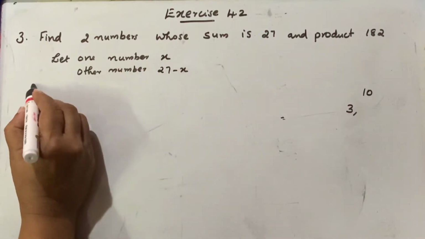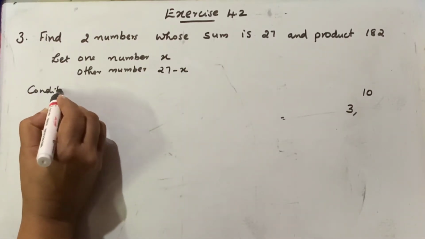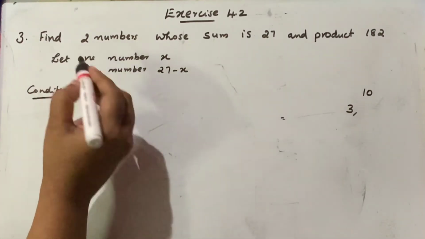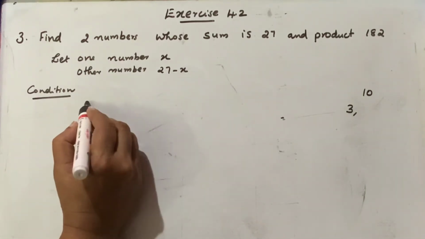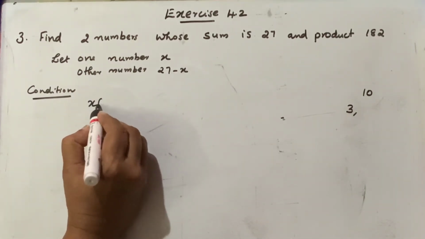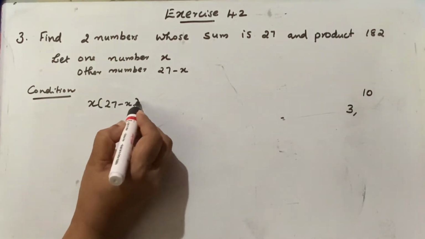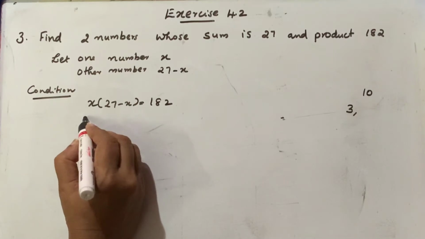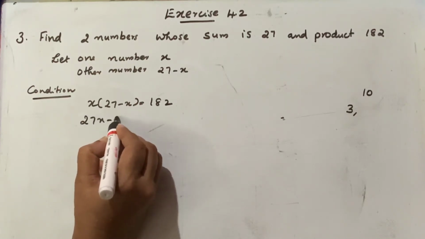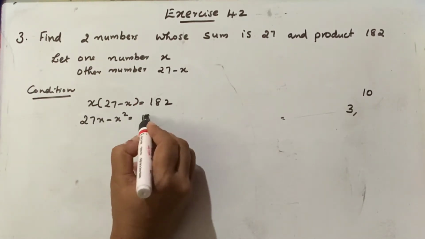Then what is the condition given here? According to the condition given in the question, two numbers whose sum is 27 and product is 182. So, the two numbers are x and 27 minus x, that means x into 27 minus x is equal to 182. Then you will get a quadratic equation like 27x minus x square is equal to 182.